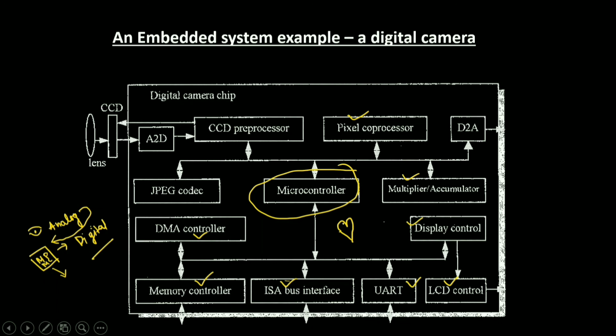The system must be low cost since consumers must be able to afford such a camera, and it must be small so that it fits within a standard size camera. It must be fast so that it can process numerous images in milliseconds. It must consume little power so that the camera's battery will last a long time.